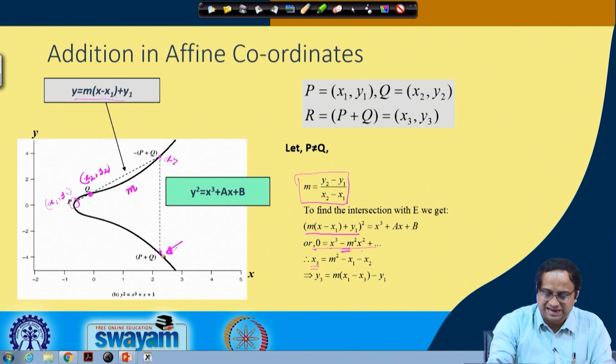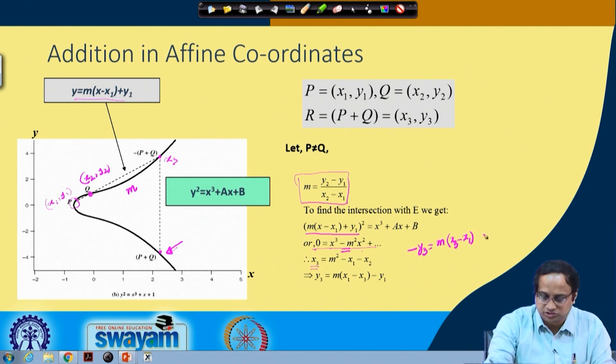You can easily see that minus y3 is equal to m times x minus x1 plus y1, where in this case x will be replaced by x3.